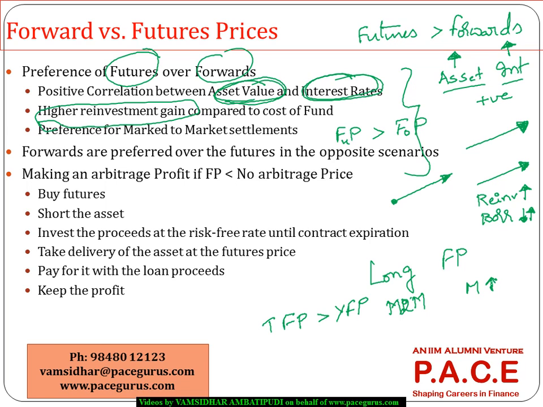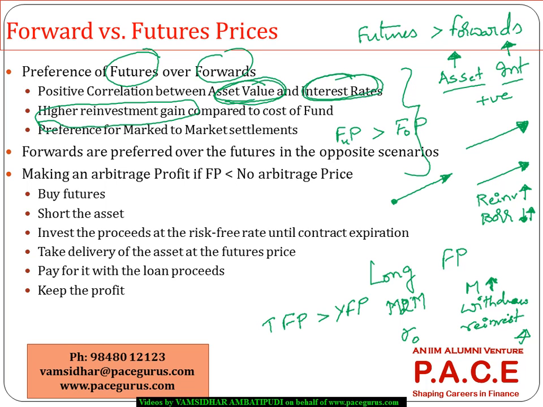So I can withdraw from the margin account, and because the interest rates are higher, I can reinvest at a higher rate of interest than my cost of borrowing. So at the end, I am going to get a much higher return compared to a risk-free rate of return, because the reinvestment rate is much higher.